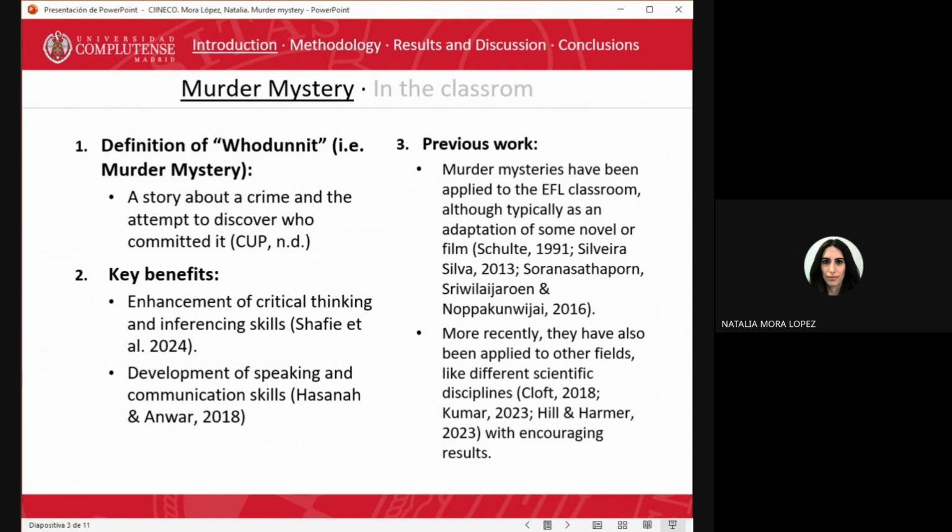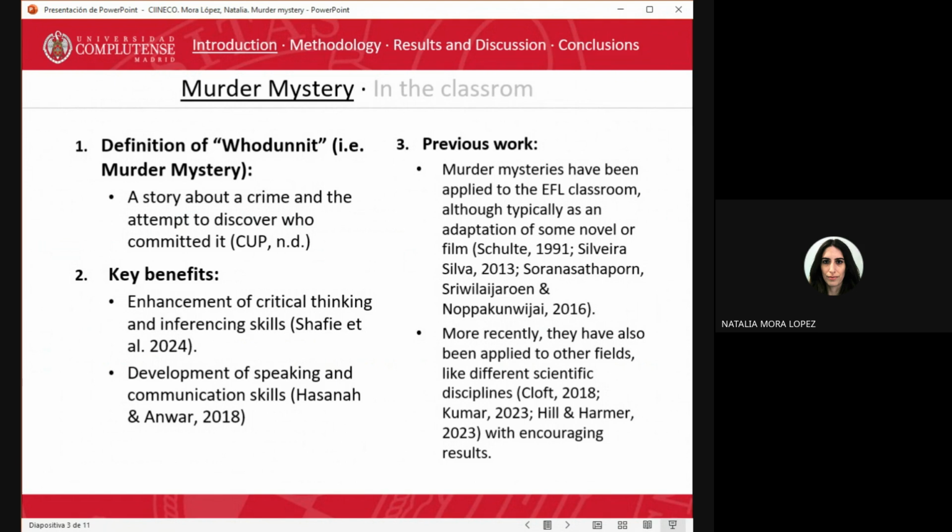And also more recently, there are cases of the implementation of murder mystery in science. Different scientific disciplines. We have mathematics, for example, and geography, different fields inside science. In this case, they didn't use literature, obviously.